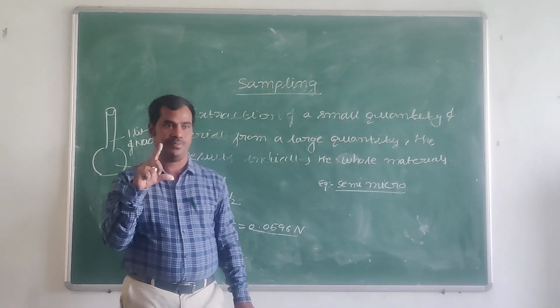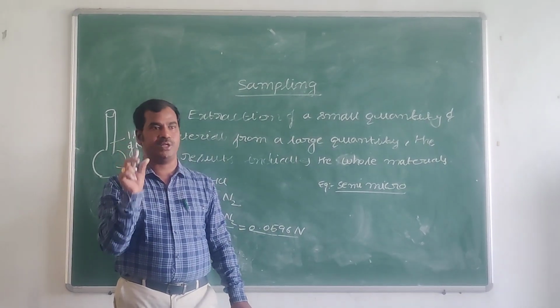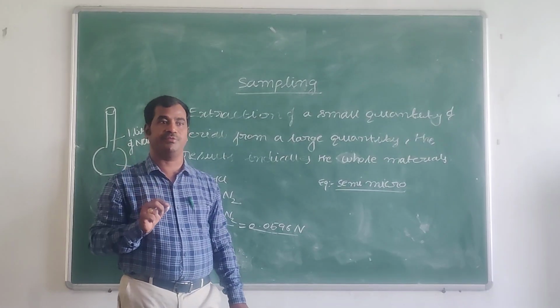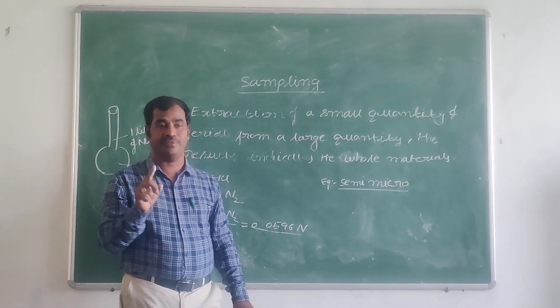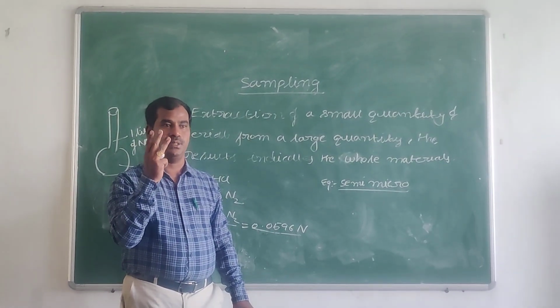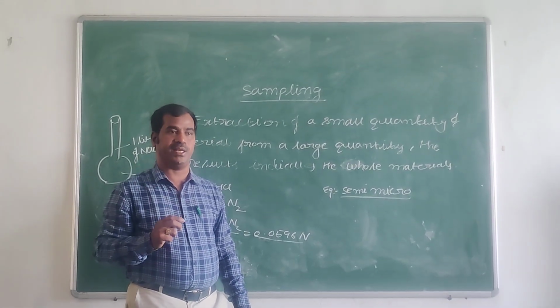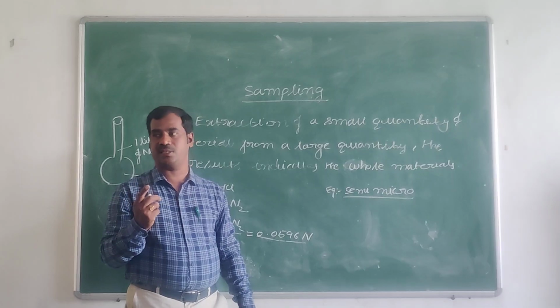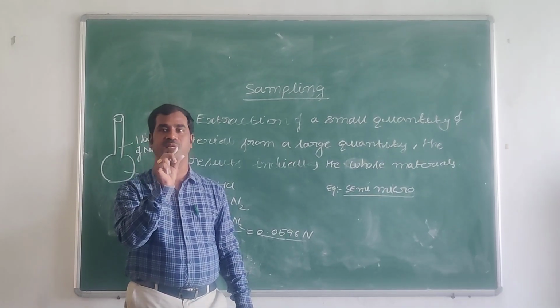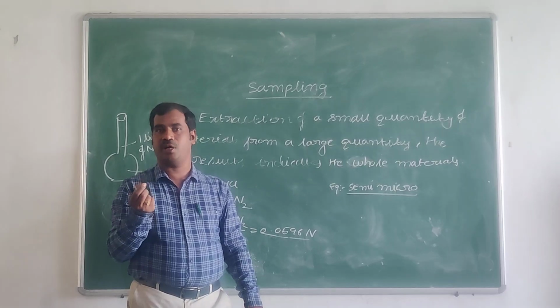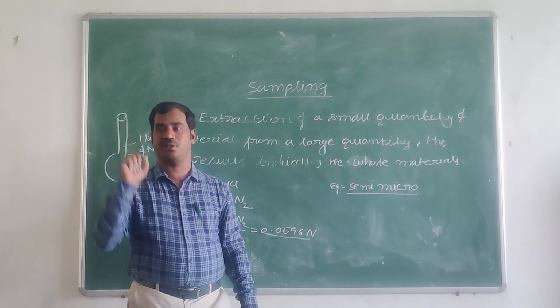From this small quantity of material, you are going to find out 3 cations, 3 anions, interfering radicals, and less familiar cations. All these factors are identified from your single sample. A small quantity of material, and the small quantity's results indicate your entire sample.